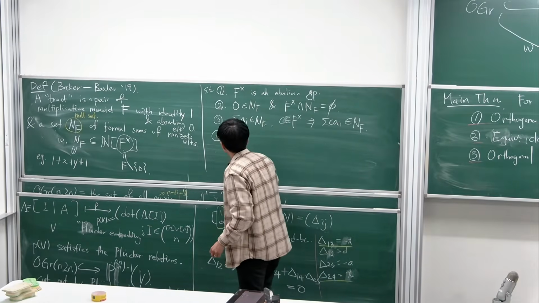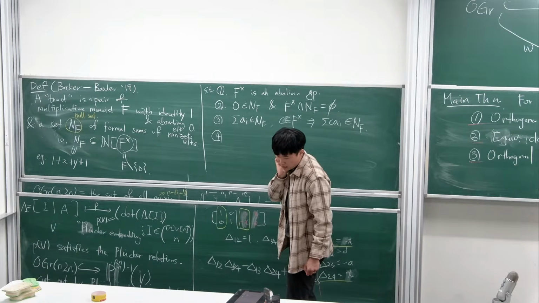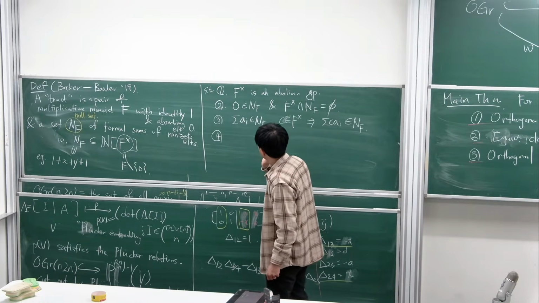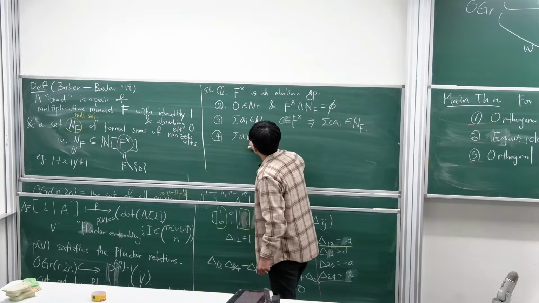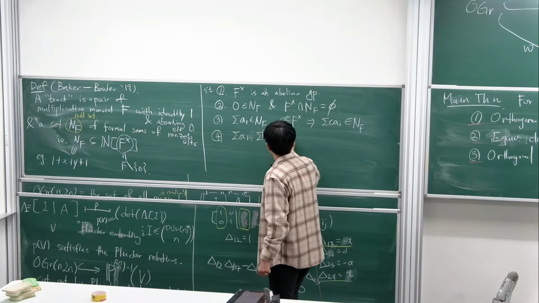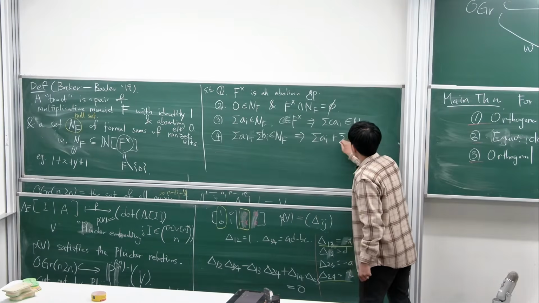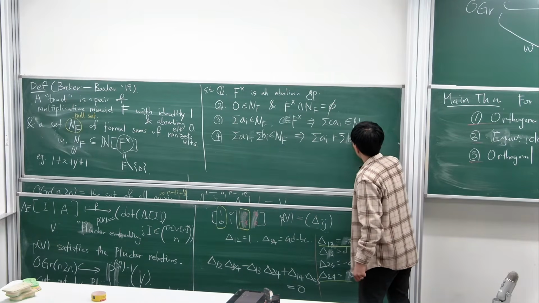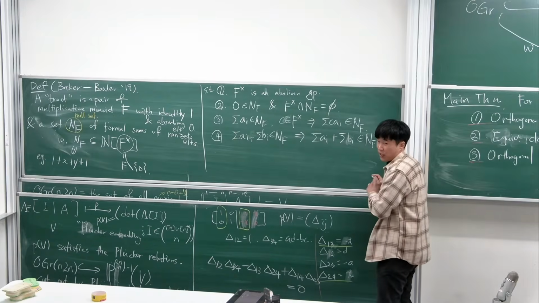The next condition is that if you have two different sums in the null set, then their summation is also in the null set. Which is sum to 0 and sum to 0, then everything sums to 0.